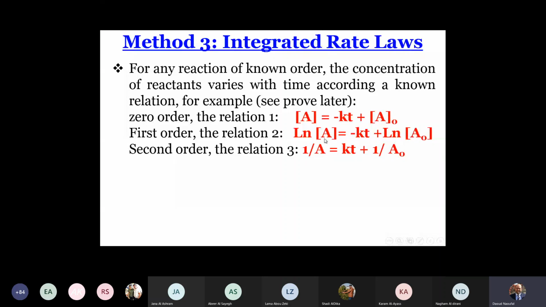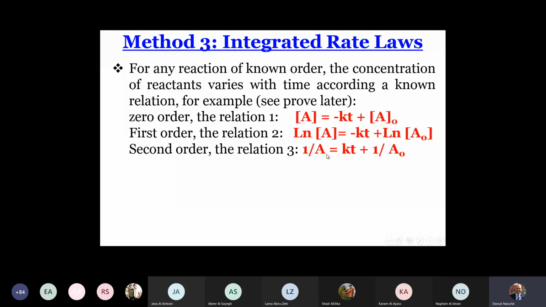If you can prove that the variation of ln A as a function of time t is a straight line, you stop and you deduce that your reaction is of first order. If not, draw 1 over A as a function of time t. If you obtain a straight line, this is the equation of a straight line, y equals ax plus b.